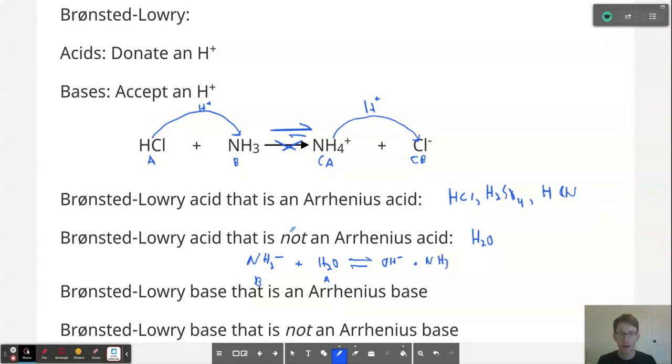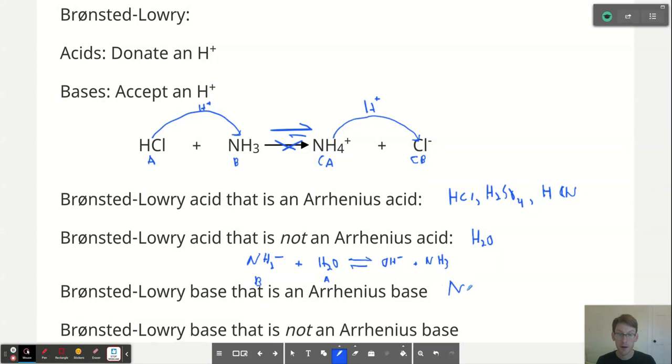Now, I know this process has increased the concentration of hydroxide in solution, but if you were to just dump water into more water, it wouldn't increase the hydroxide concentration. So here's a classic example of the breadth of Bronsted-Lowry acidity and basicity.